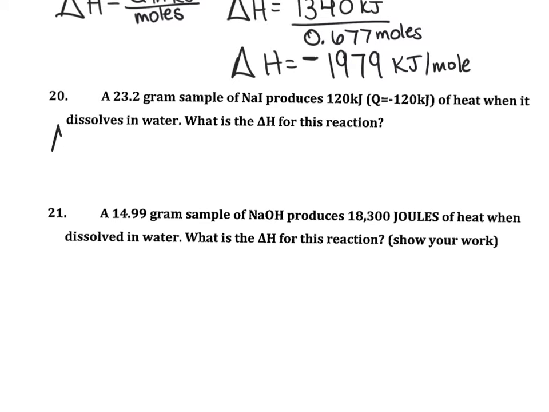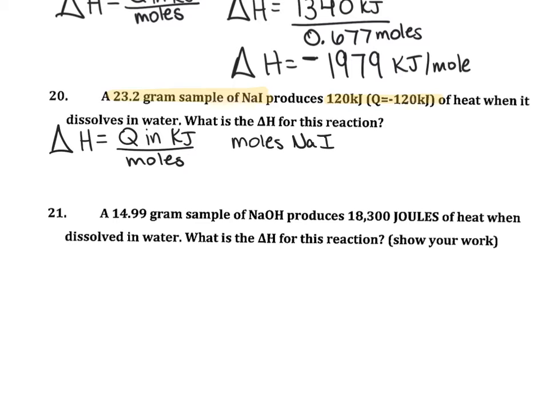Now the next two are very similar, just a little bit different. Again, we don't have a balanced chemical equation, so we're going to use Q in kilojoules divided by our moles. But with these problems we don't have our moles, we have grams of the material, but we do have our Q in kilojoules. So the first thing I need to do is find my moles of NaI.